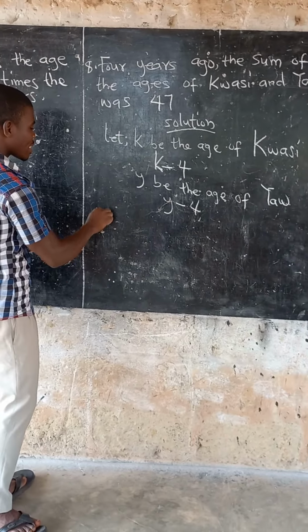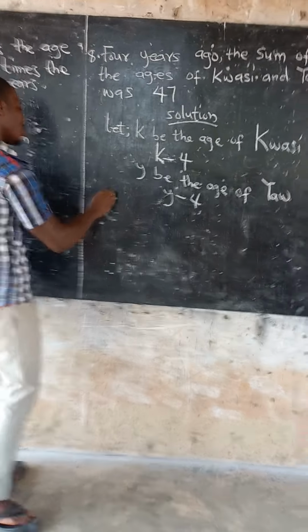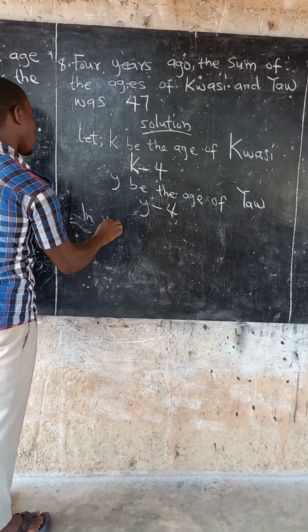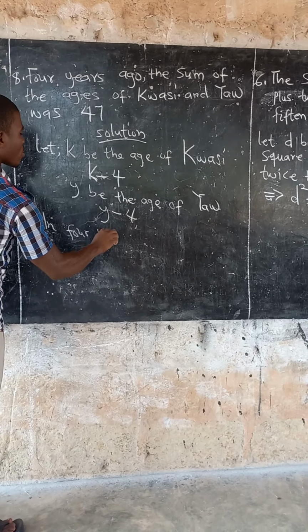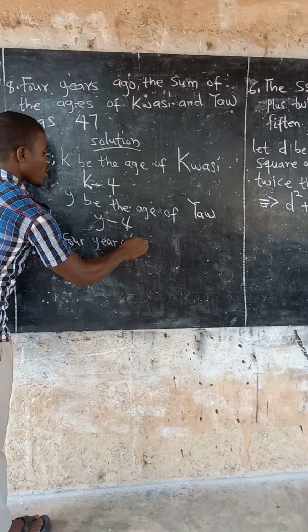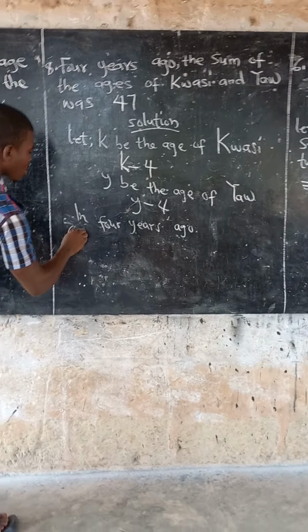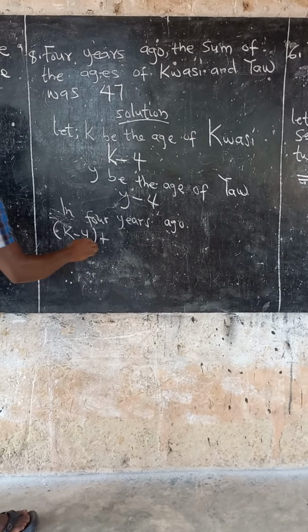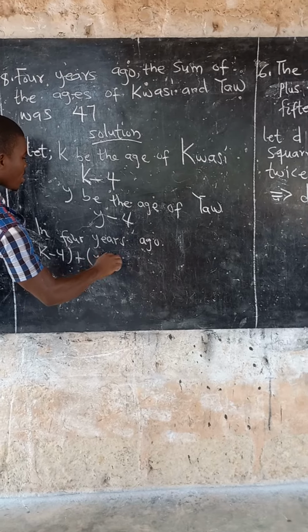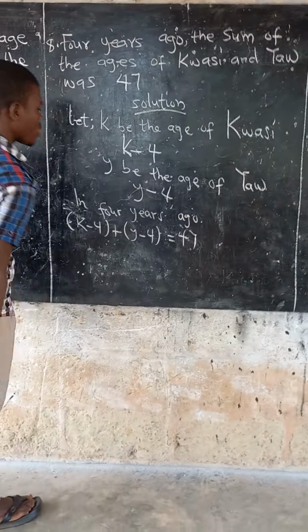So this implies that, or let's say, 4 years ago, you can say that K minus 4 plus Y minus 4 is equal to what? 47.